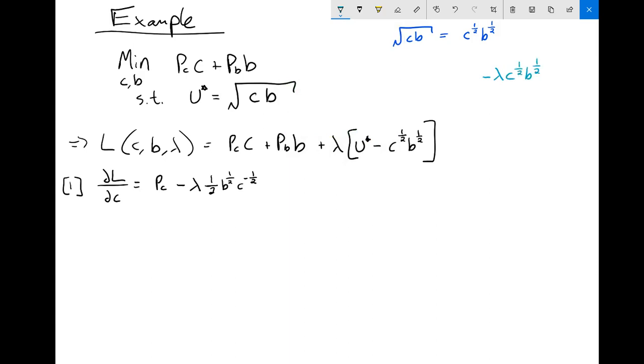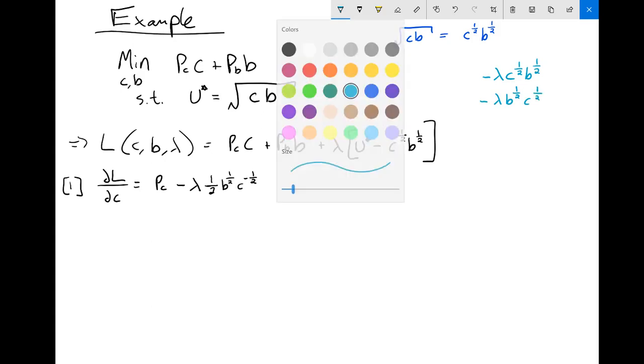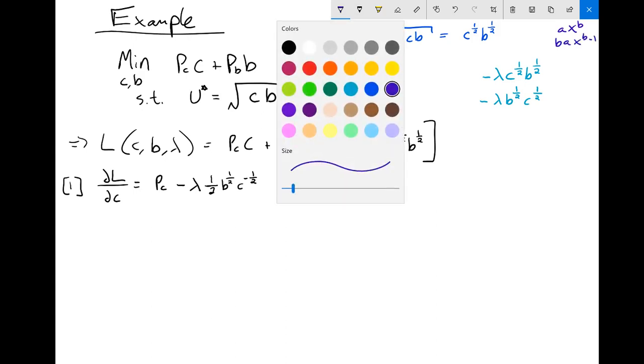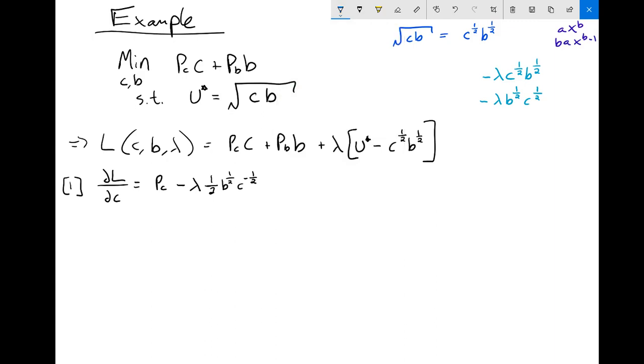I'm going to take the derivative of this. Maybe I'll rearrange it to make it look a little bit easier: B to the 1/2, C to the 1/2. We know from our basic formula of a derivative that if this is the function, then this is the derivative. So let's just use that formula here.